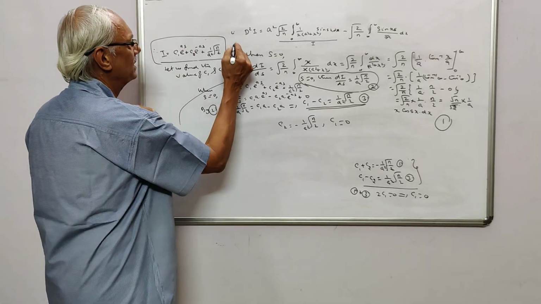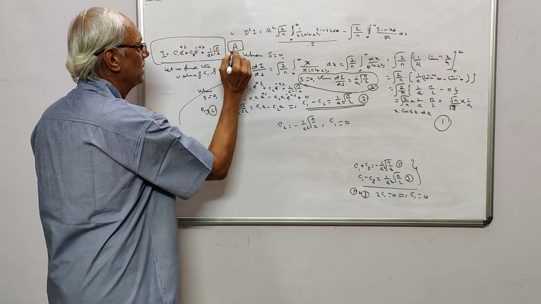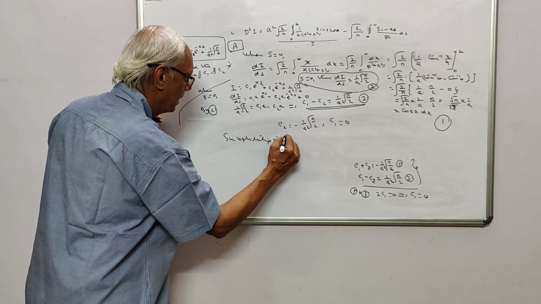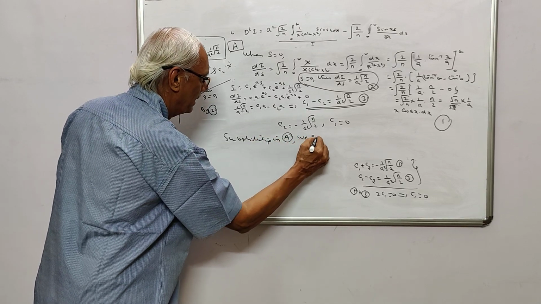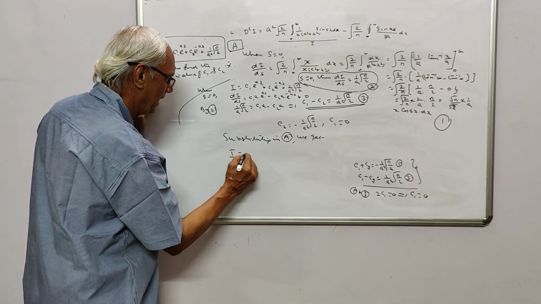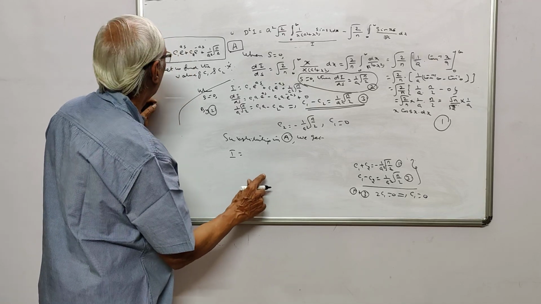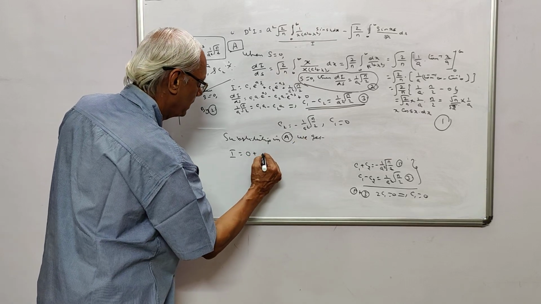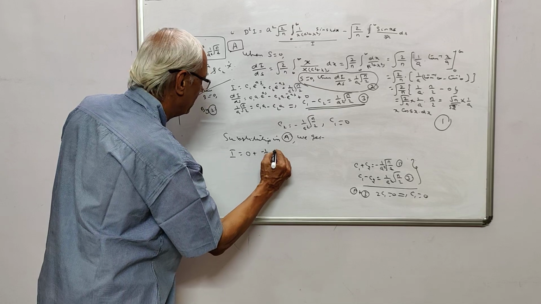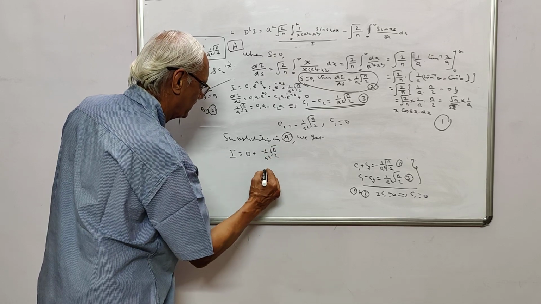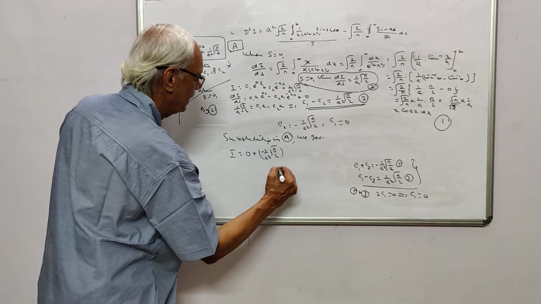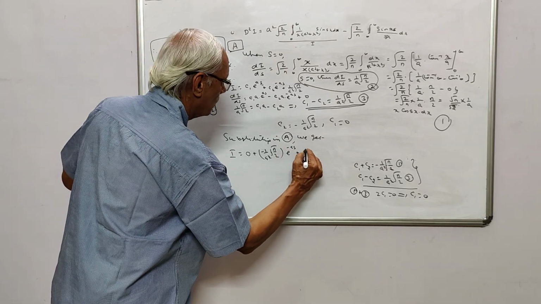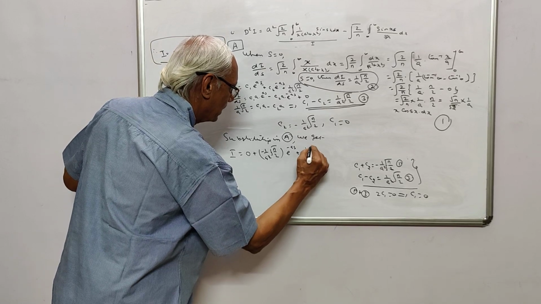Therefore, we will call this our A. Substituting in A, we get I is equal to c1, which is 0, plus c2, which is minus 1 by a squared into pi by 2, into e to the power of minus as, plus 1 by a squared root of this.